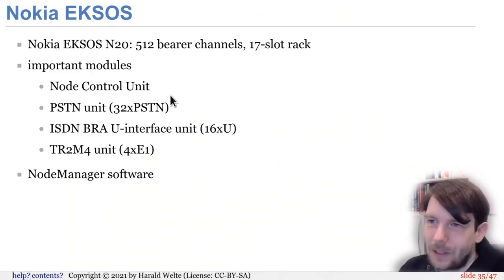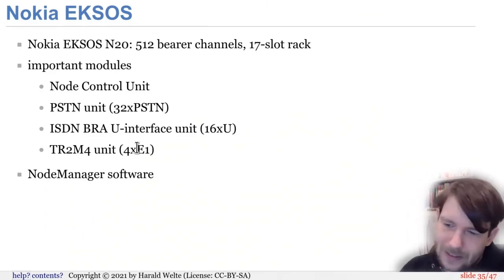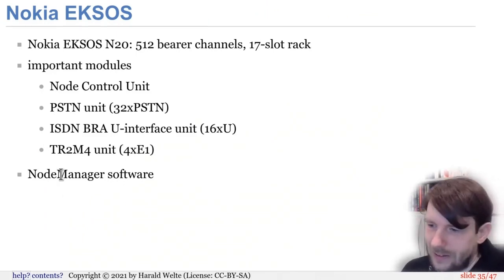And the slots need to be populated with units. The main units that you can plug in there is the node control unit, which is like the central processor. And then you have PSTN units, basically line cards for 32 PSTN lines or 16 ISDN lines. And then there's another one for 4 E1 lines if you want to have E1 access or more V5 E1 lines. And then the node manager software to configure these.